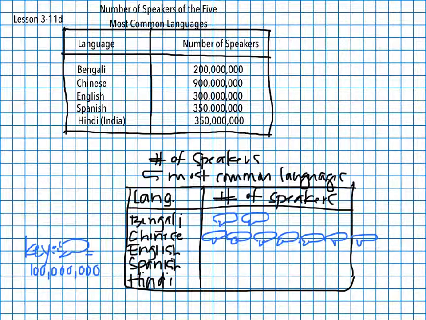Yeah, I really didn't plan very well ahead of that one, did I? English, there's going to be 3. And Spanish, there's 350 million, so I'm going to make 3, and then I'm going to represent 50 million, which is going to be roughly like that.